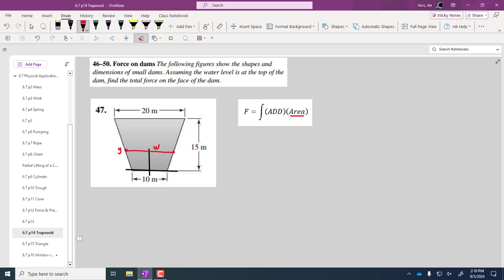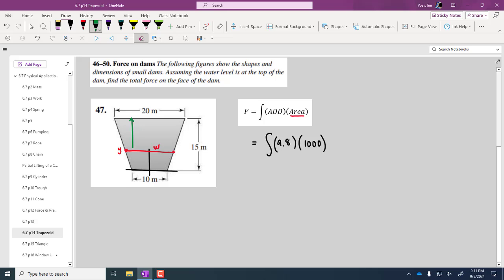Okay, so let's go ahead and fill in what we know so far. We are going to integrate acceleration, so that's A. The density here, we're dealing with water, so we're dealing with 1,000. So ADD, acceleration, density. And again, you can think of this as depth or distance from the top.